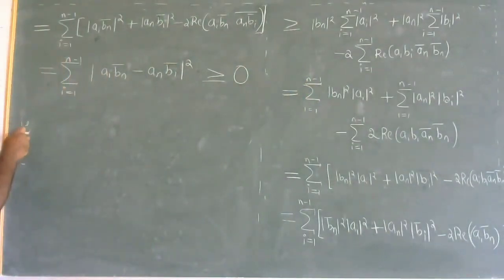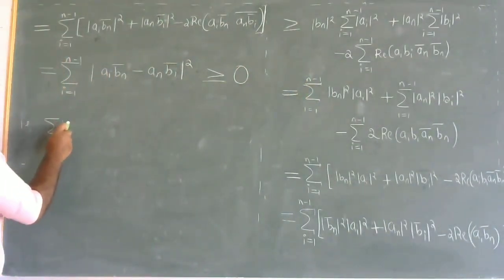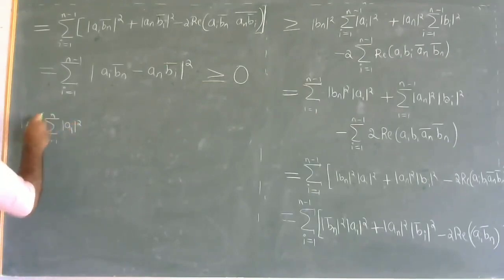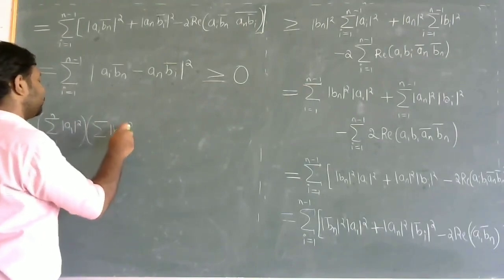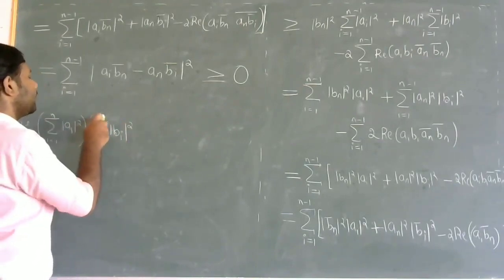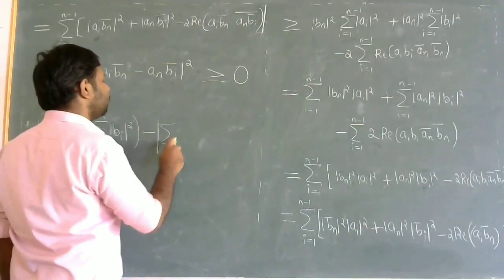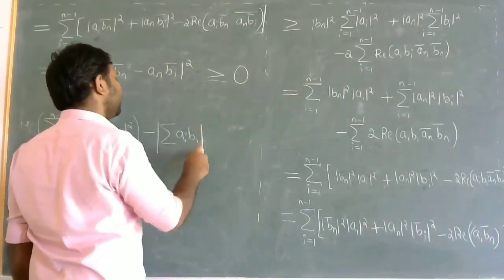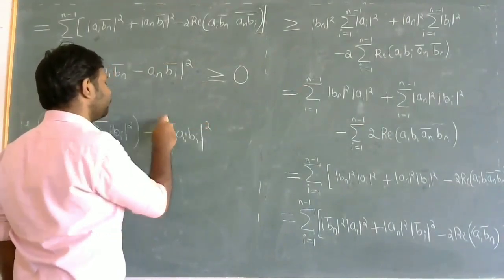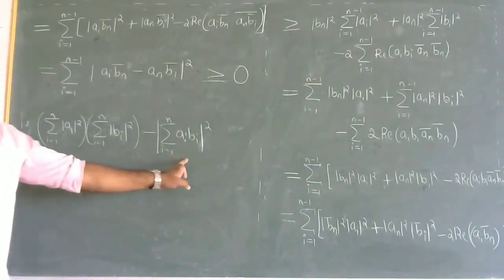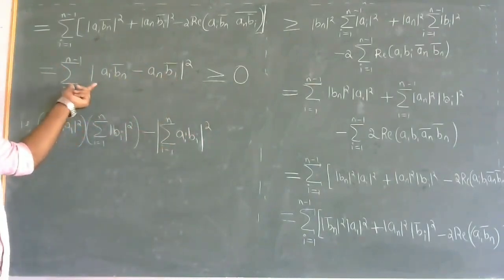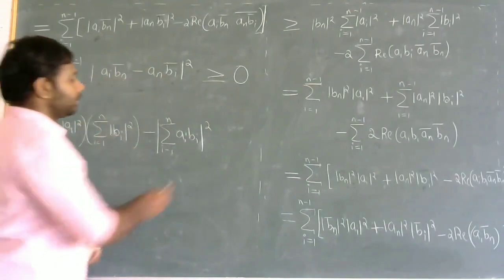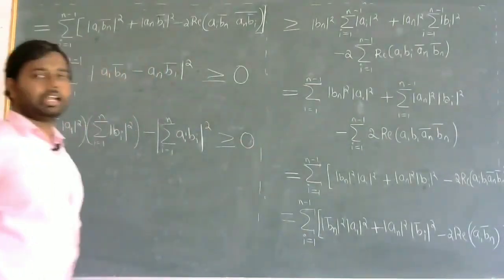We started with the number modulus of ai square, i running from 1 to n, into modulus of bi square, i running from 1 to n, minus modulus of summation ai bi whole square, i running from 1 to n. So we started with this number, we simplified it, and we got this to be a non-negative number.